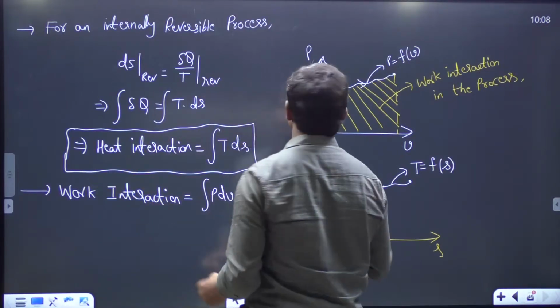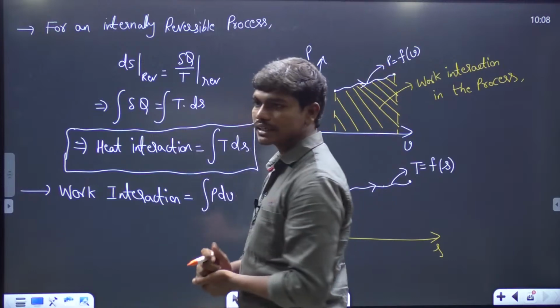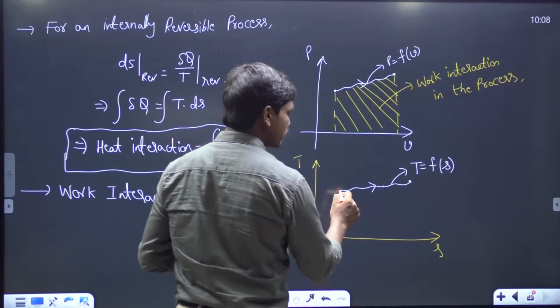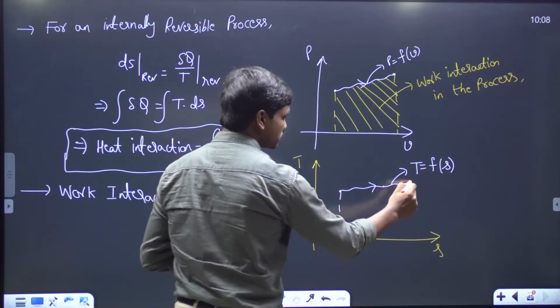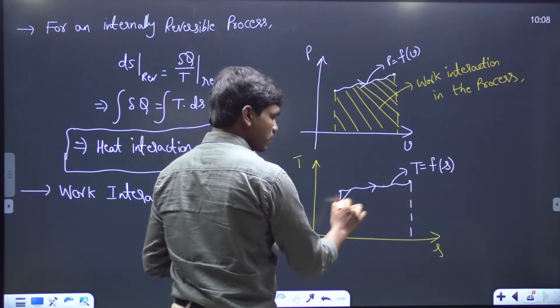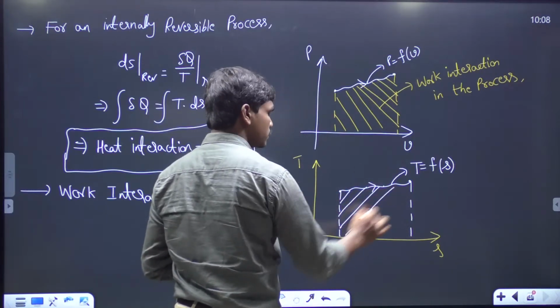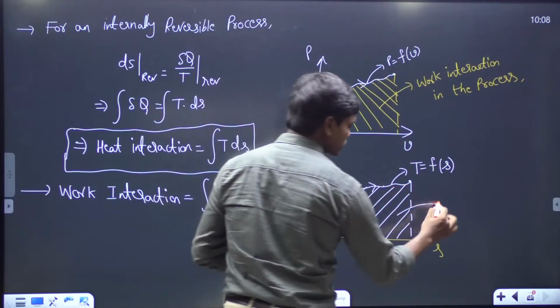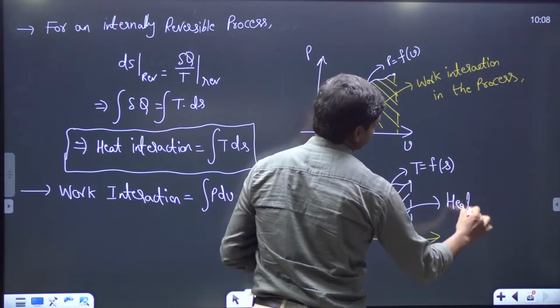If this is the work interaction, which is the shaded area, for getting heat interaction, if there is integration, which area would I find? If the process is between these two states, this is this area, correct?